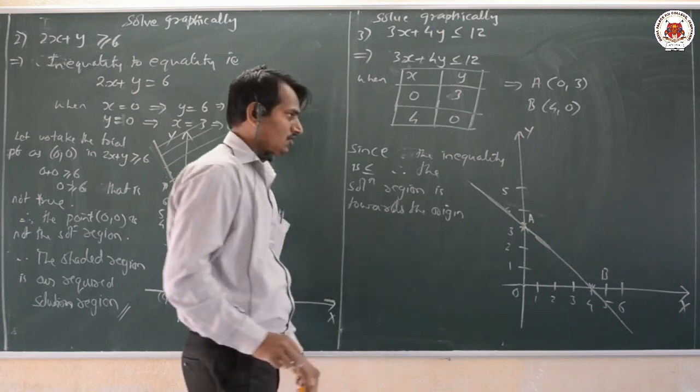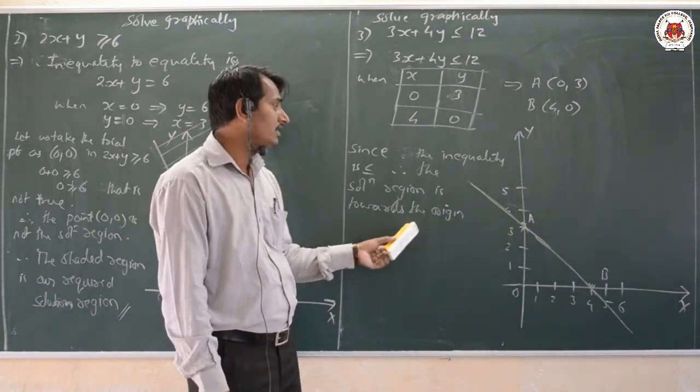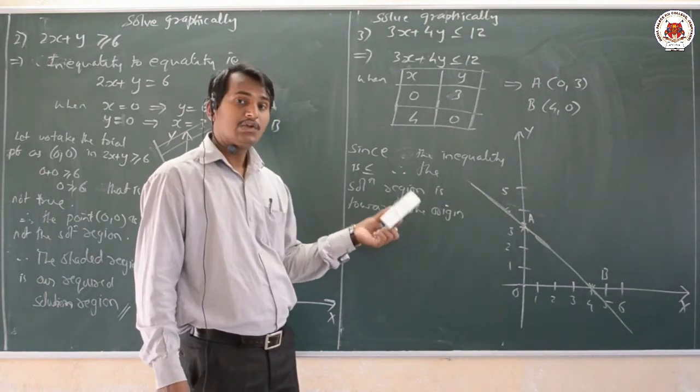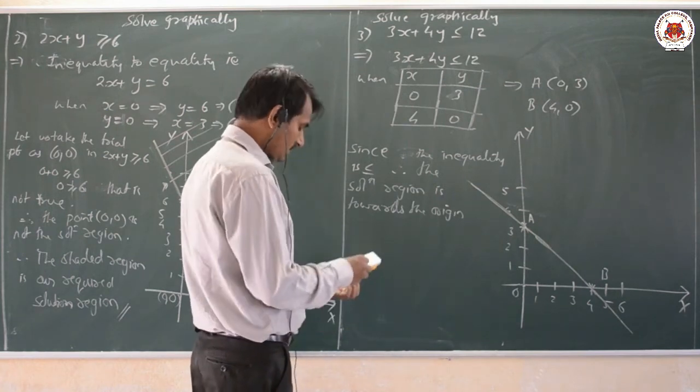Dear students, either by two methods, one is by trial point or directly by making use of this shortcut method, you can solve it. Now here the solution region is towards the origin.